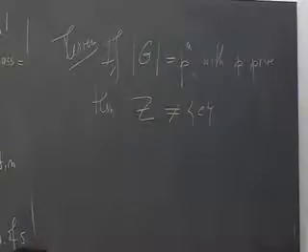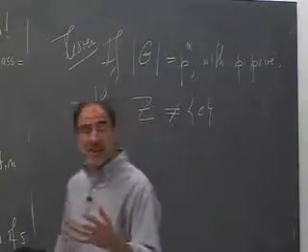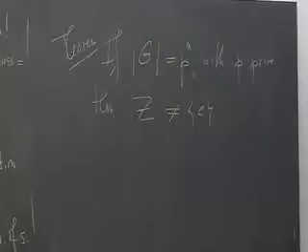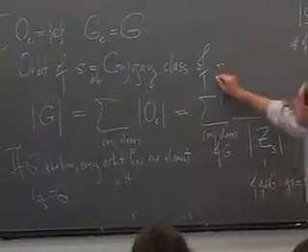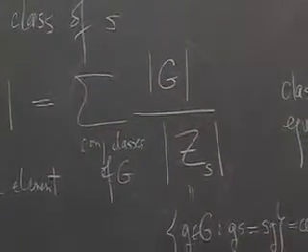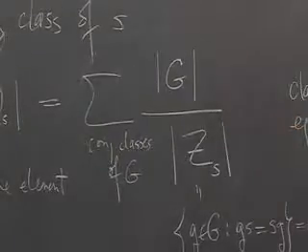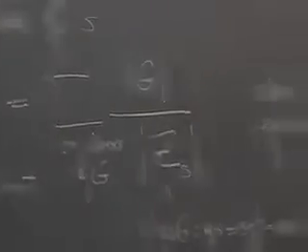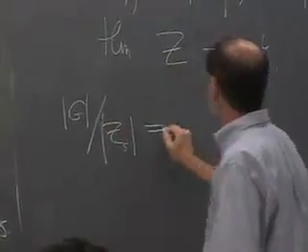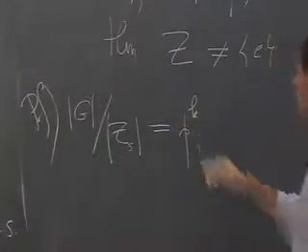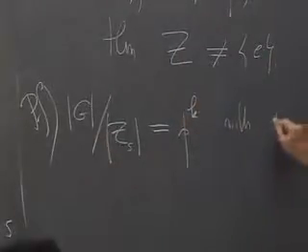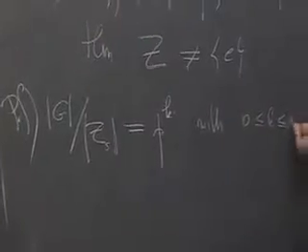Okay? So that's not true when we had order 6. But if I had a group of order 8 or order 16 or order 32, any group of that sort has to have a non-trivial center. Why? Because look at this formula. Every term in this formula divides the order of G. The divisors of the order of G, proof: these terms have order p to the k with 0 less than or equal to k less than or equal to n.